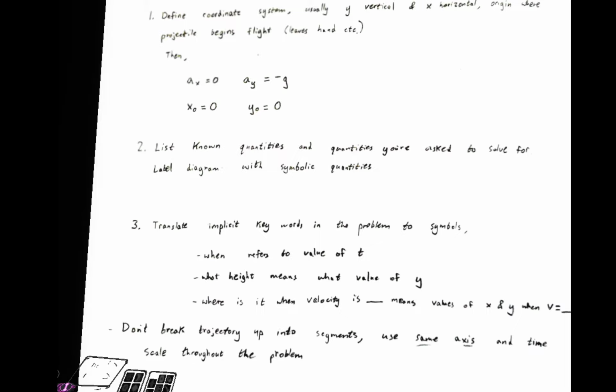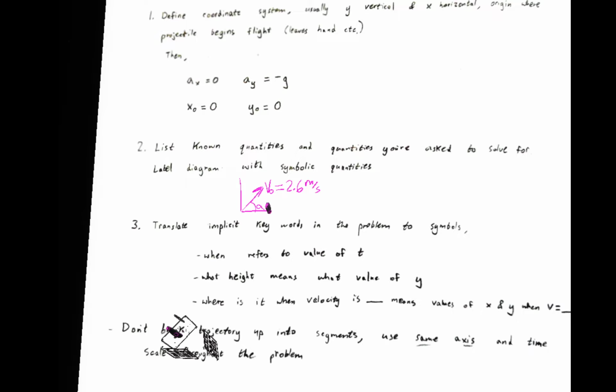And then make your diagram, given your coordinate system that you've identified. And on your diagram, start filling in the known quantities. And you can represent the ones that you don't know with symbolic quantities. So you might not know what it is, right? But if it's shot at some v naught and some angle, maybe v naught is equal to 2.6 meters per second.